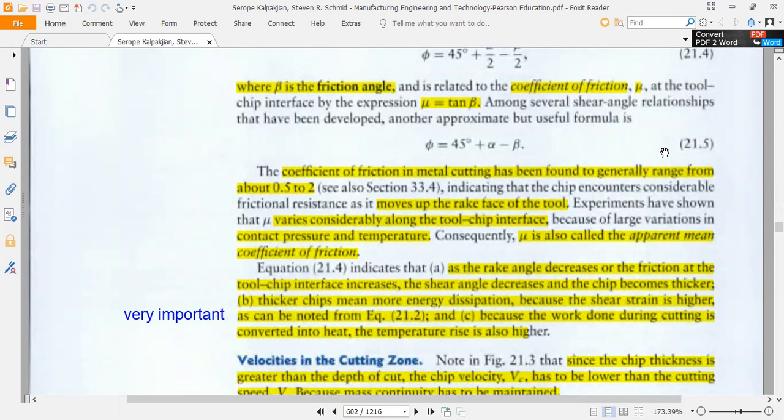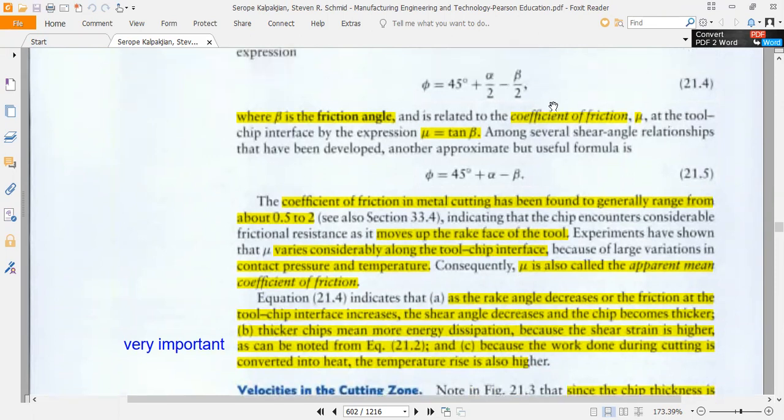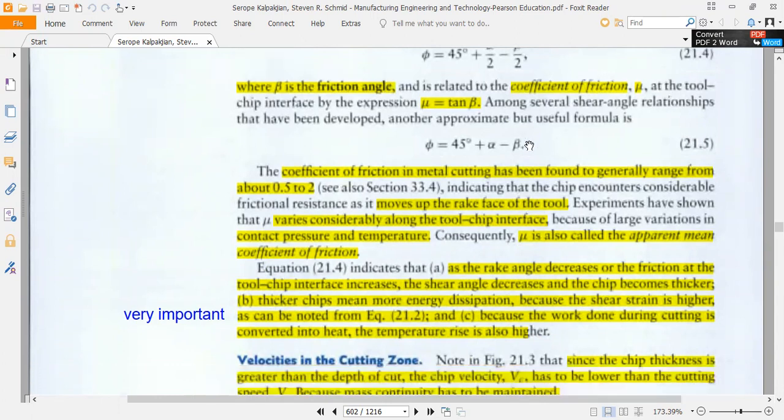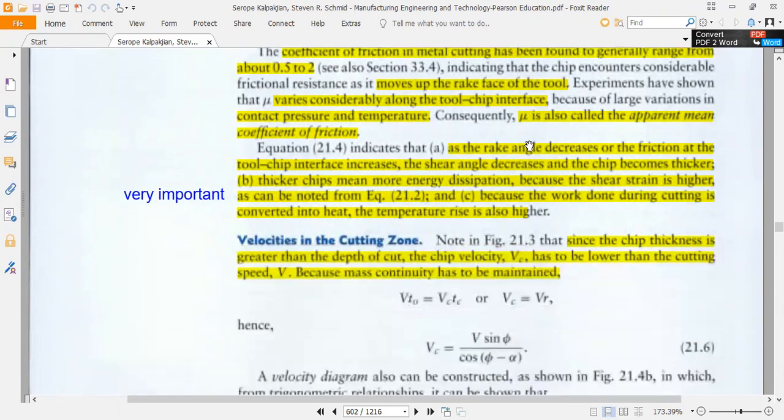The angle beta in this model is known as the friction angle, and it is used to determine the coefficient of friction involved in the machining process. The value of the coefficient of friction is generally between 0.5 and 2. Further, mu is also known as the apparent mean coefficient of friction.